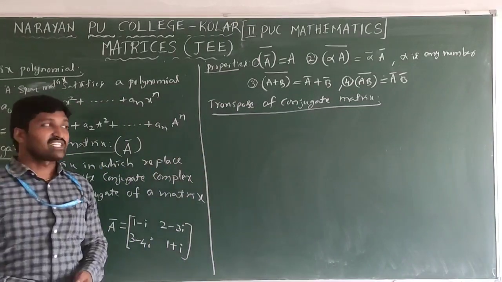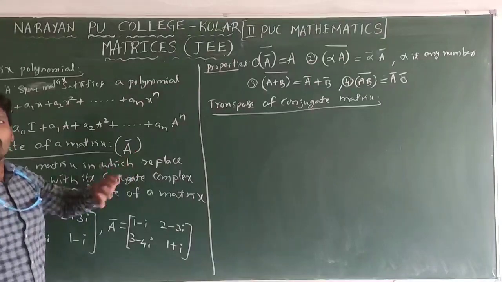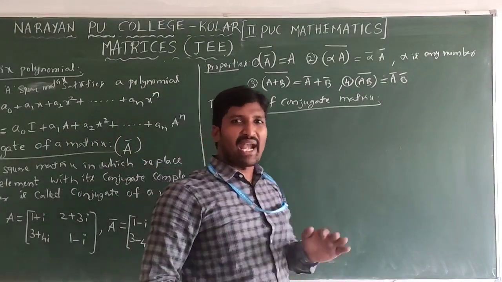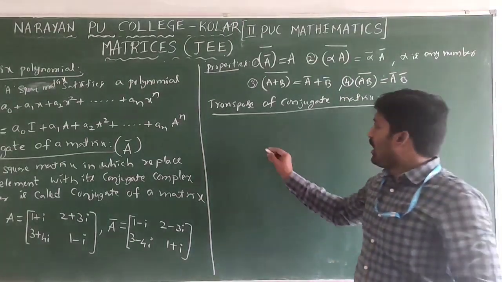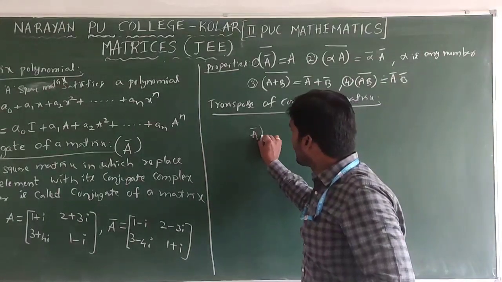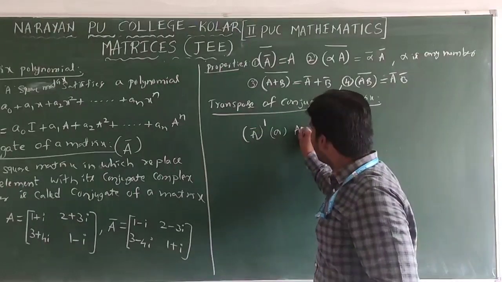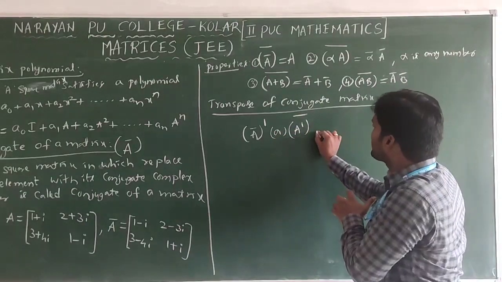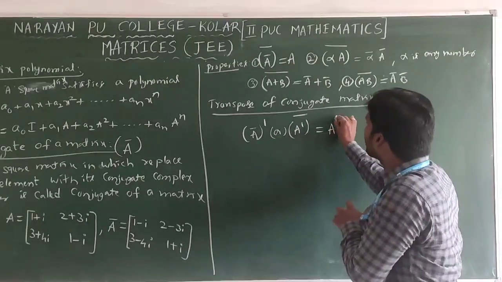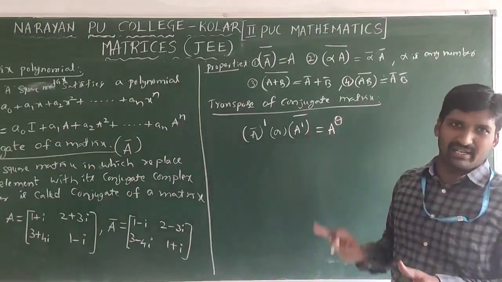Transpose of conjugate matrix: we already know the conjugate matrix A bar. The transpose of the conjugate matrix is called the transposed conjugate matrix. How to denote this one? A bar whole dash, or A dash whole bar. This combination is denoted by A power theta. This is called a transposed conjugate matrix.